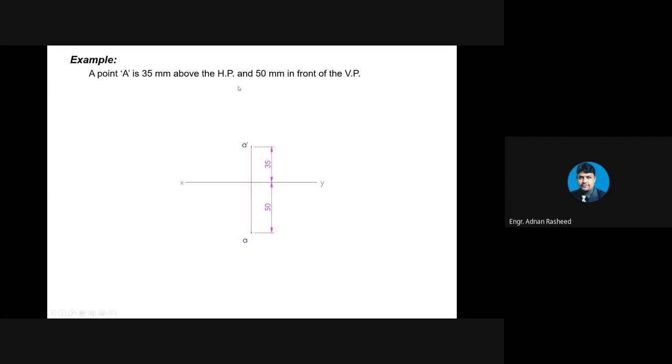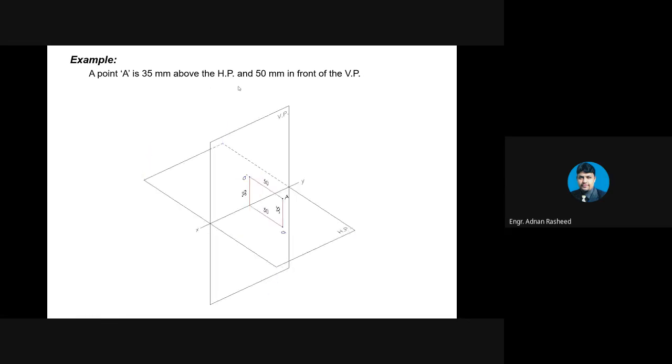So I will again repeat: you are given a point A that is 35 millimeter above the horizontal plane and 50 millimeter in front of the vertical plane. You have been asked to draw its projection. So what will you do?